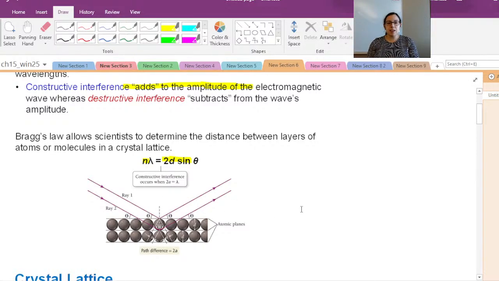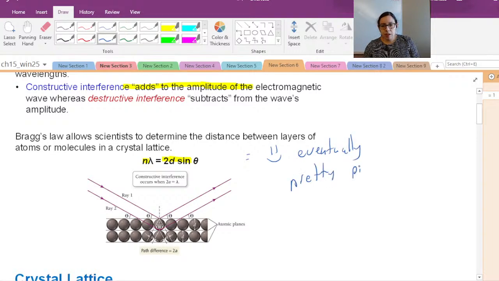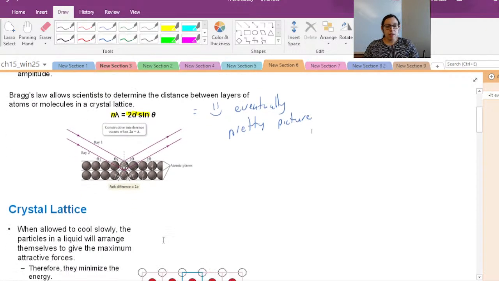All that's to say is that's how you get a pretty picture. Yay, eventually. If you're super interested in this, you can take much higher level chemistry classes and get into solving this, and that could be your career field, doing X-ray crystallography for people.